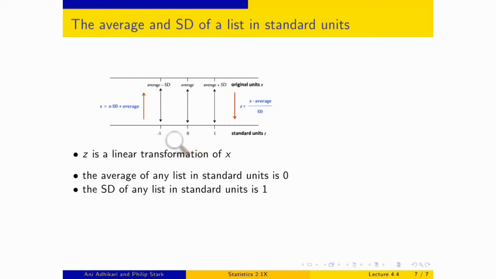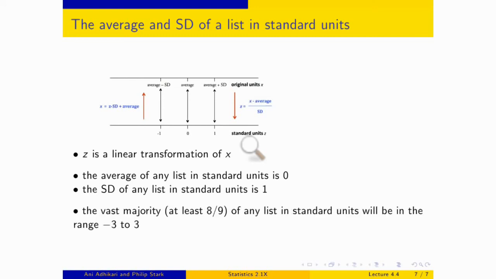So maybe 0 plus minus 1, 0 plus minus 2, 0 plus minus 3, and outside that there really isn't a whole lot, because what does Chebyshev tell us? Chebyshev tells us that at least 8/9 of the list in standard units will be in the range 0 plus or minus 3 SDs. So 0 plus or minus 3, so minus 3 to plus 3.